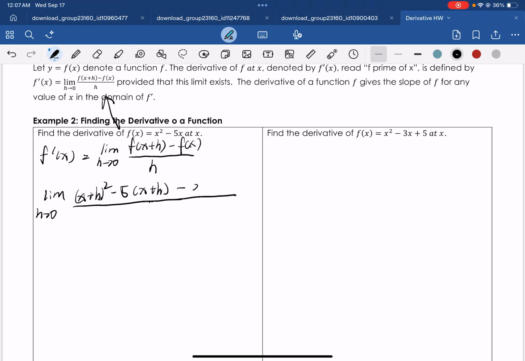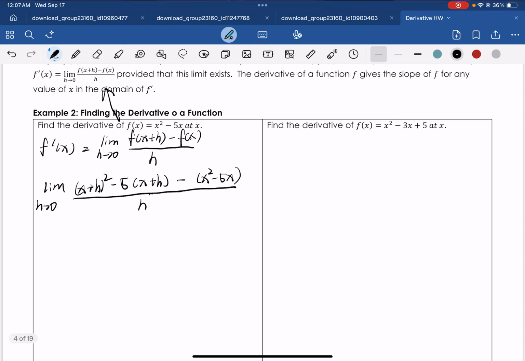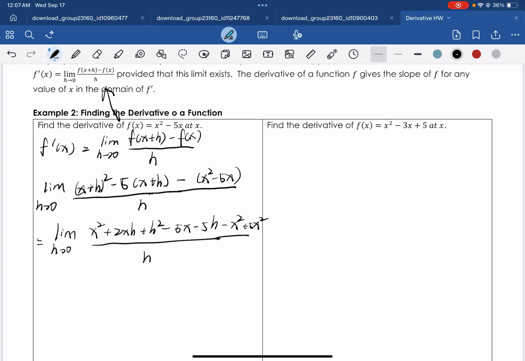F of x is just x squared minus 5x, over h. Then we simplify this fraction: x squared plus 2xh plus h squared minus 5x minus 5h minus x squared plus 5x.